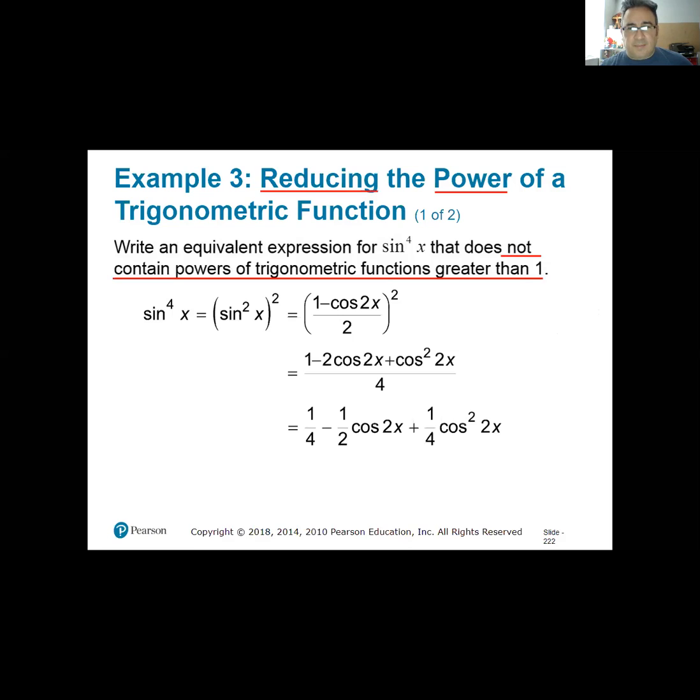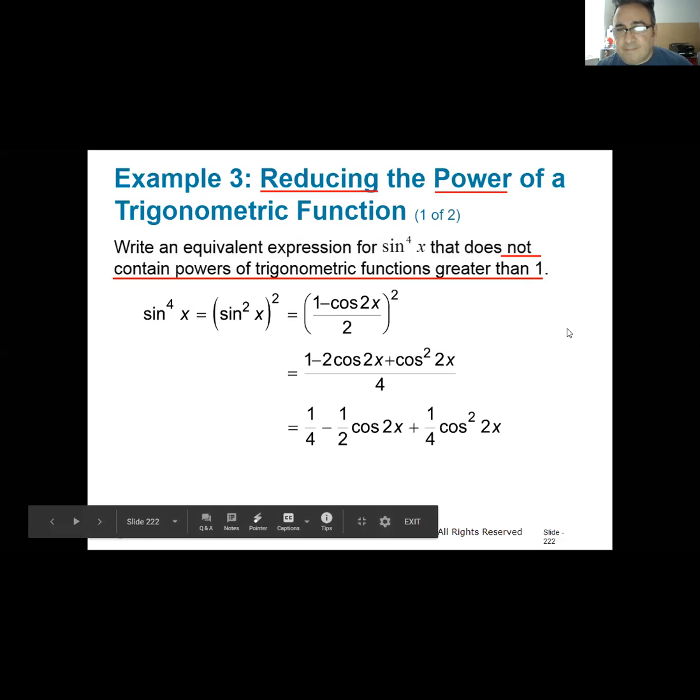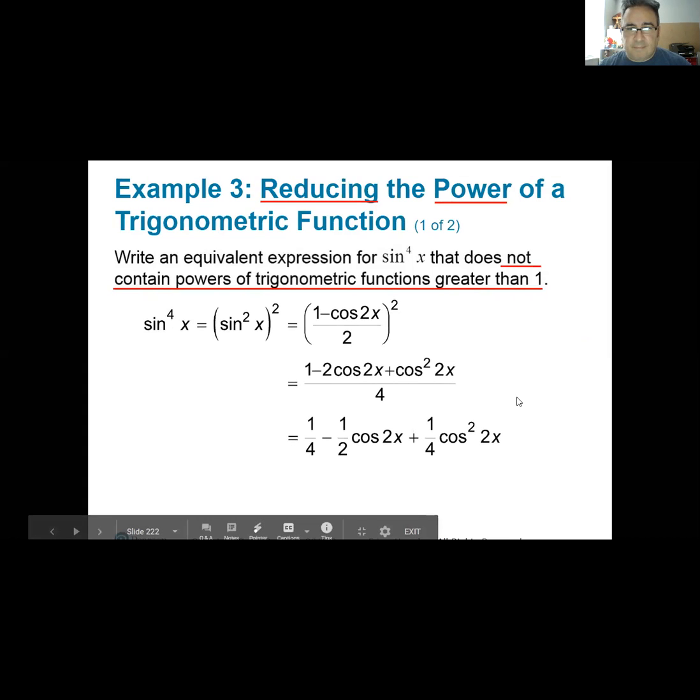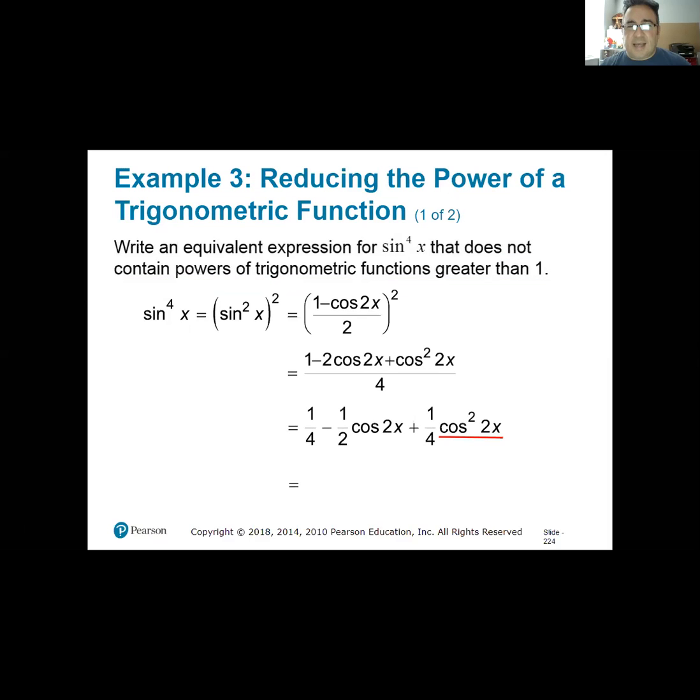And now what? We have to get rid of the square on the cosine. Exactly, I've got to deal with that cosine squared of 2x. So how do I deal with that?